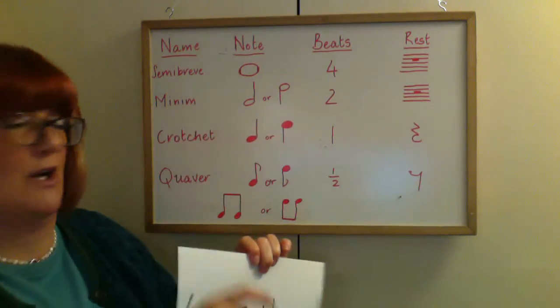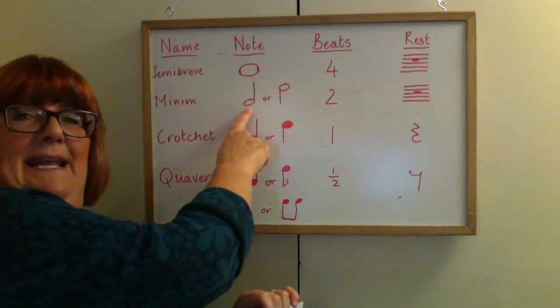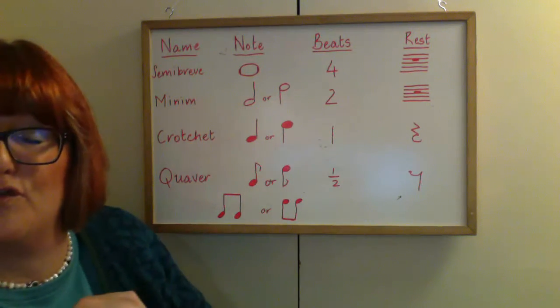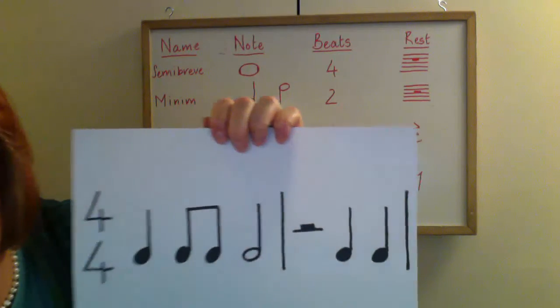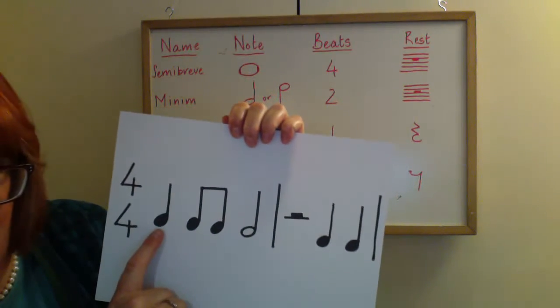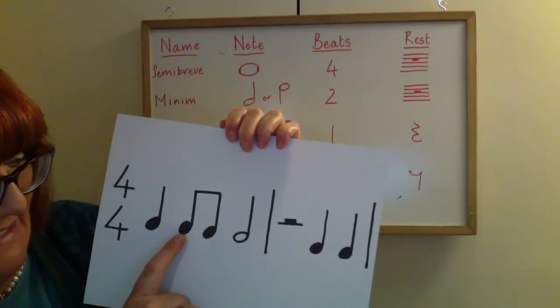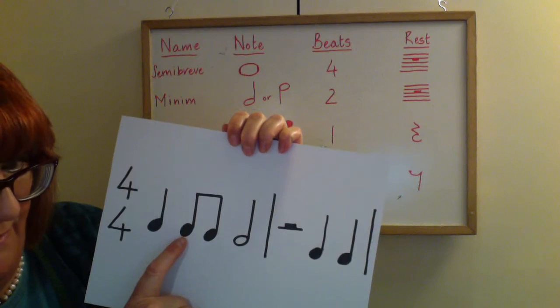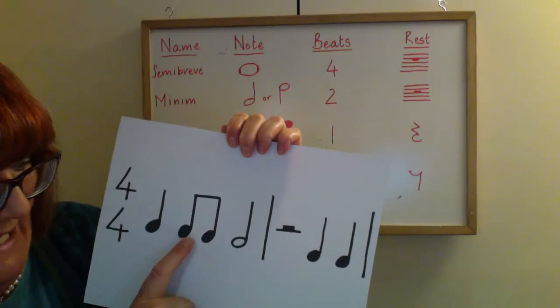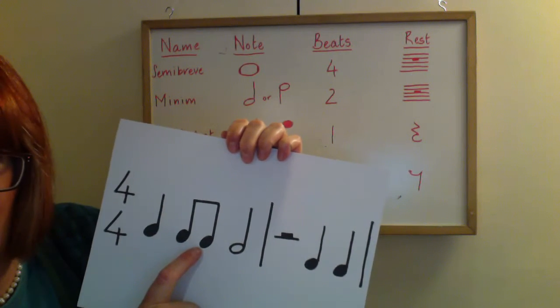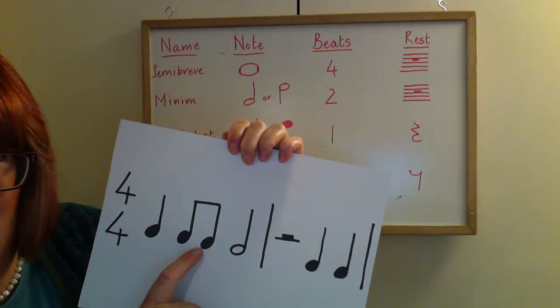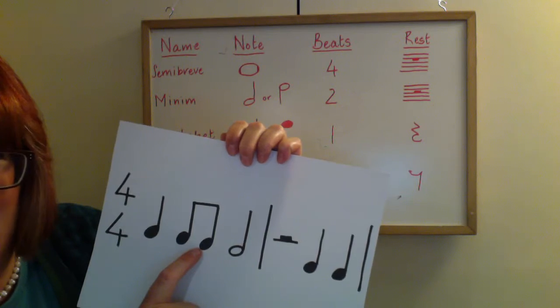Let's have a look. A minim. That's worth 2 beats. So we've got 1 plus a half plus a half. So what's half and a half added up together? What's half a pizza put next to the other half of a pizza?